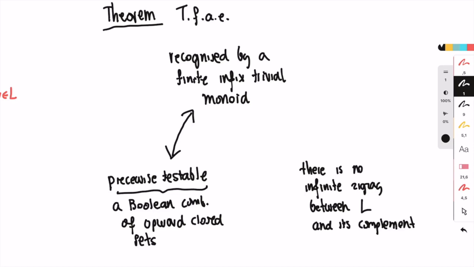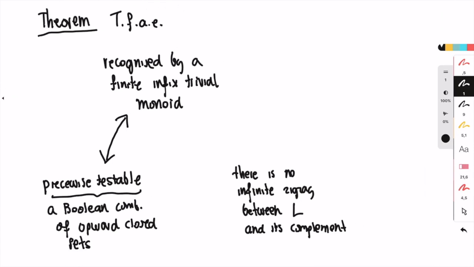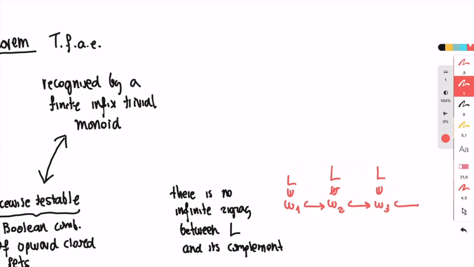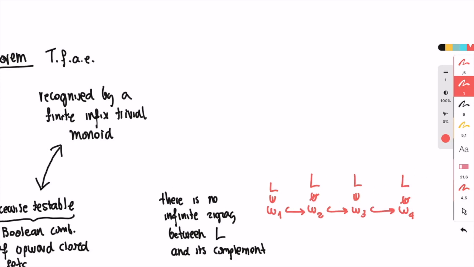So what's a zigzag between L and its complement? It's simply a sequence of words such that you begin with L, you now are not in L, you make it bigger but you're not in L, then you make it bigger again and you're in L again, and now you are not in L again, and you continue like this forever.